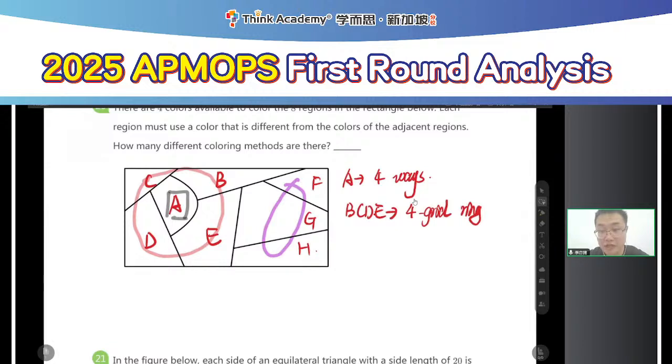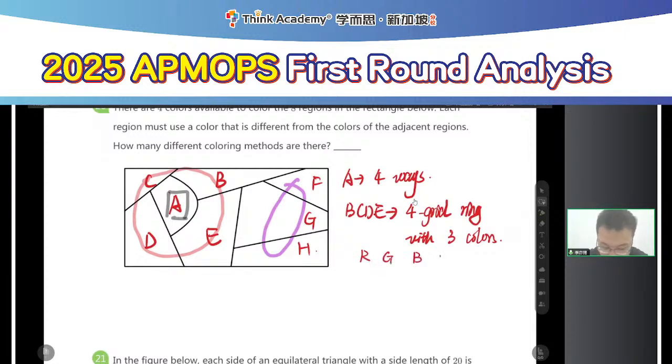How many colors do we need to use? We have 3 colors. If we want to color a 4-grid ring in 3 colors, we can use the passing ball method to solve it. Suppose the 3 colors are R, G, B.